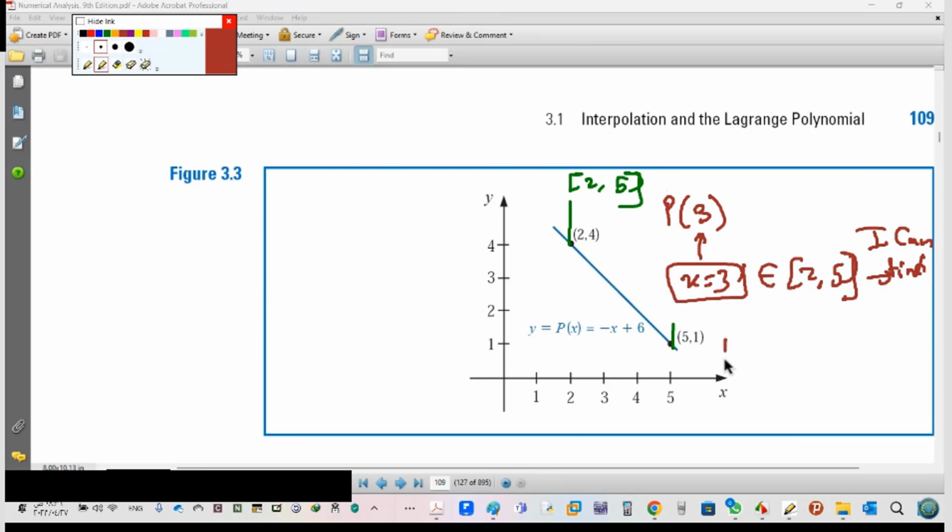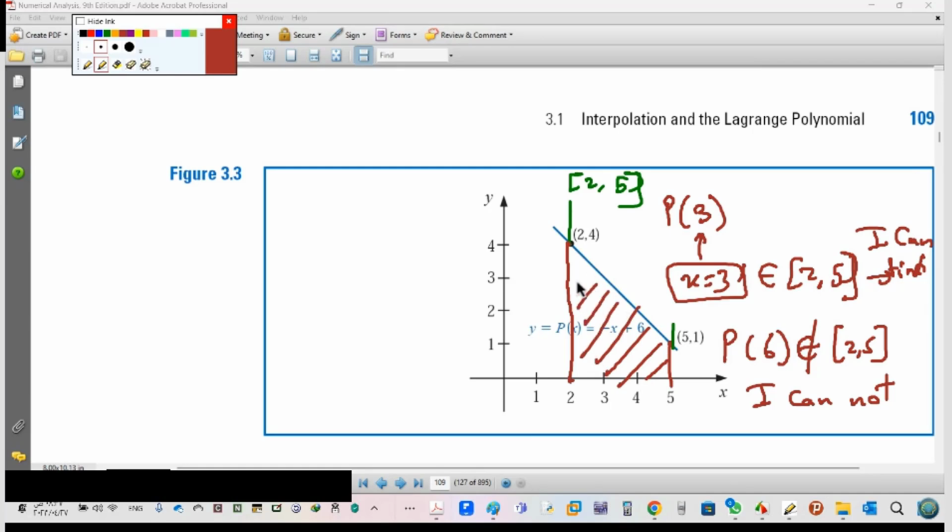Now, if he asks me to find f(6), x = 6 doesn't belong to [2, 5], so I cannot. If I need any formula, it should be in this side, this domain. This formula is correct for the points from 2 to 5. Outside here or here, I cannot. Got it? This is for the exam.